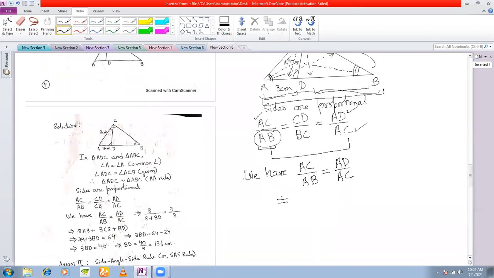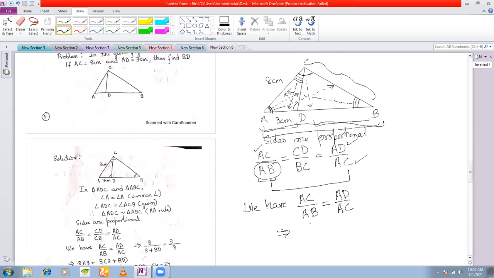So that means, what is the length of AC given here? 8 centimeters. So let's write 8 centimeters divided by, we want to find AB. And the length of AD given to us is 3 centimeters. And AC is again 8. So that means cross multiply, 3 times AB is equal to 8 square.